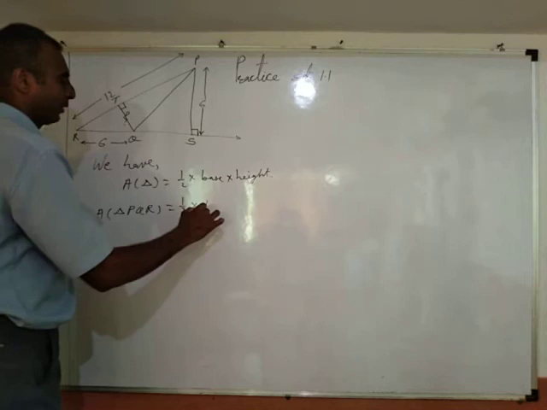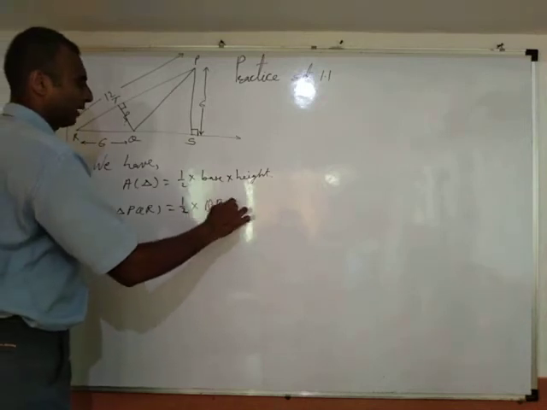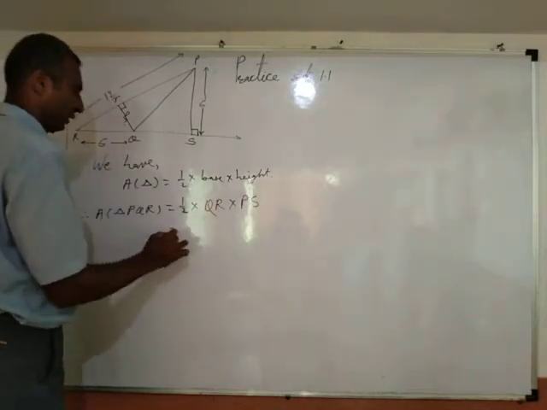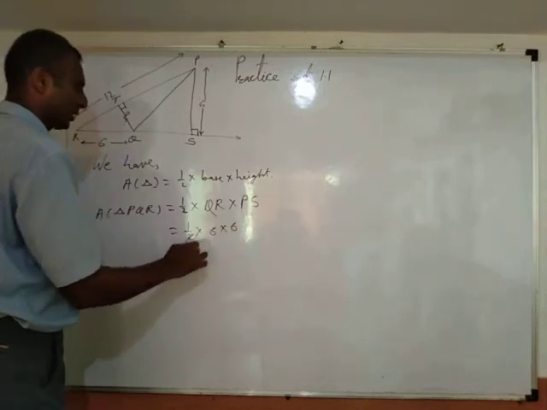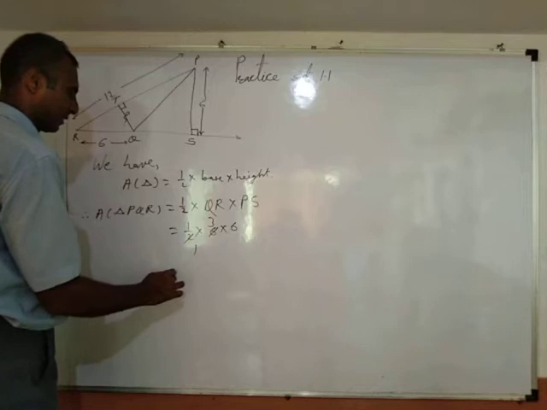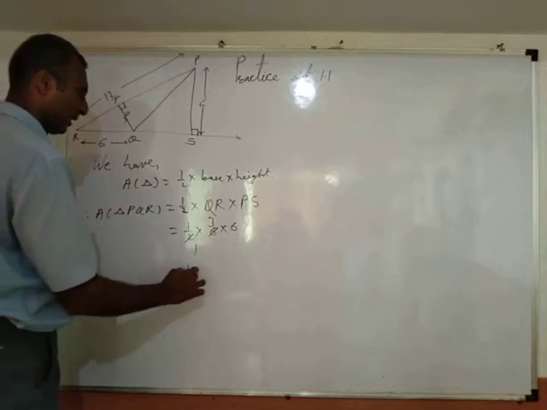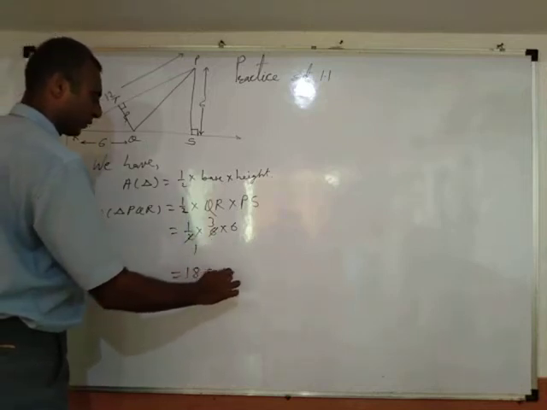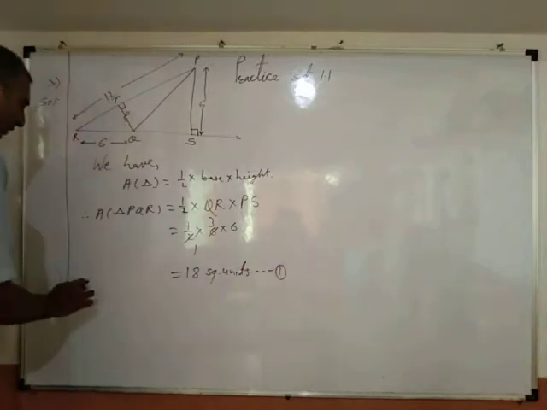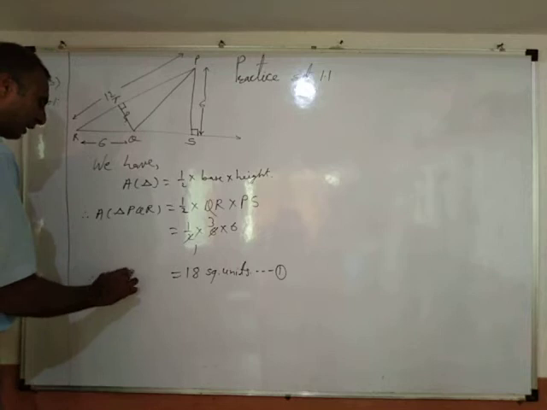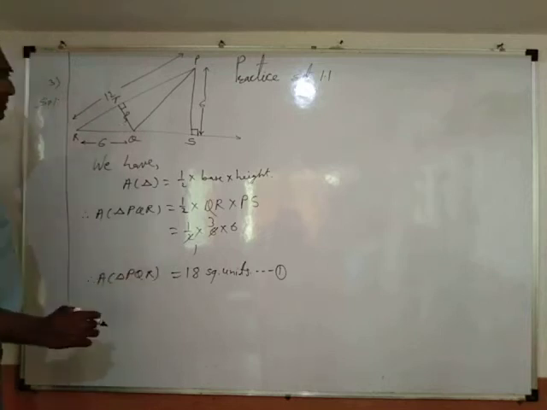That's half into QR into PS equals half into 6 into 6. 2 ones are 2, 2 threes are 6, and 6 threes are 18 square units. Let's call it equation first. Therefore, area of triangle PQR equals 18 square units.